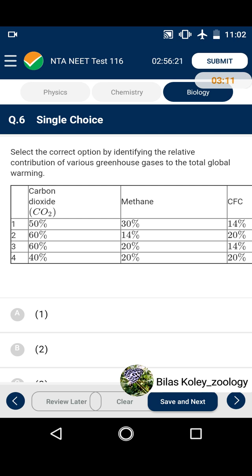See, there is some relative contribution of various greenhouse gases to the total global warming. There is a column of carbon dioxide, methane, CFC.